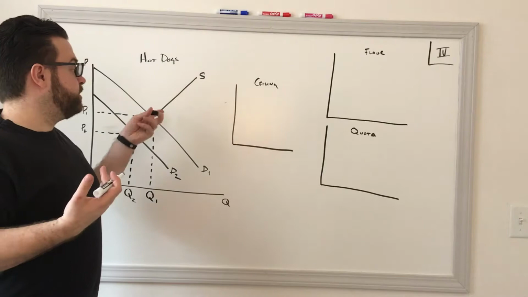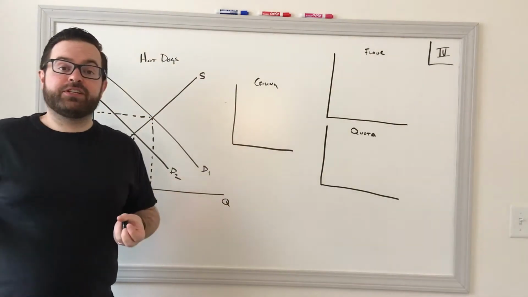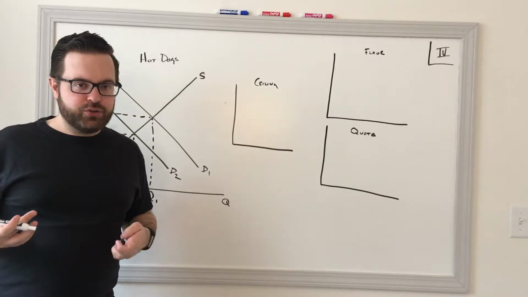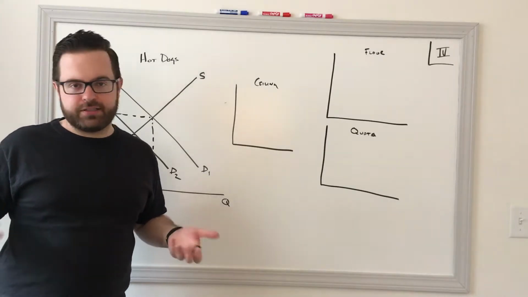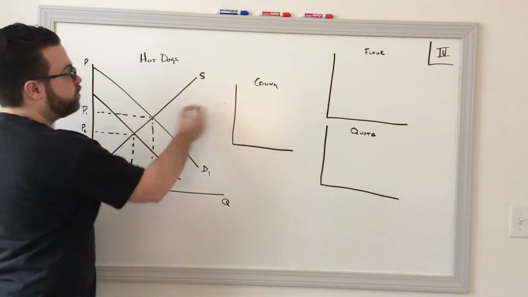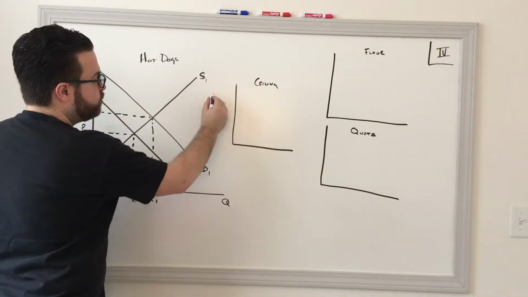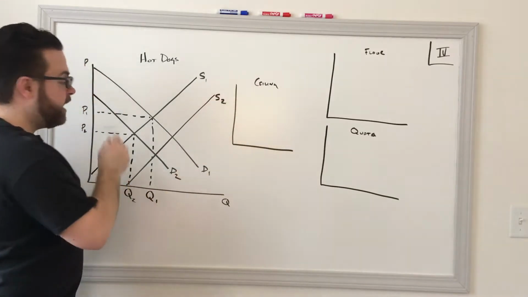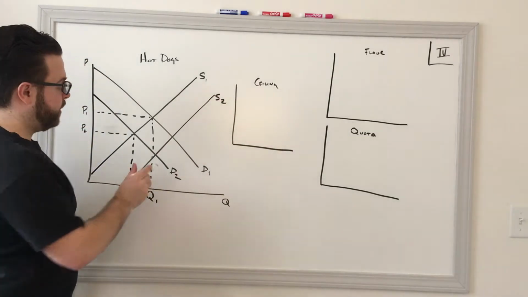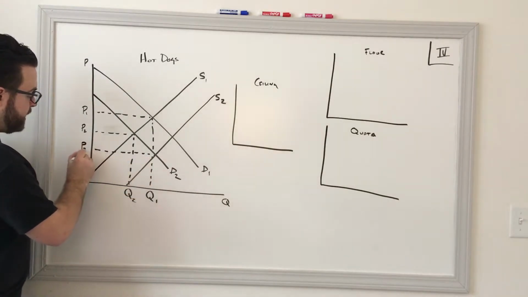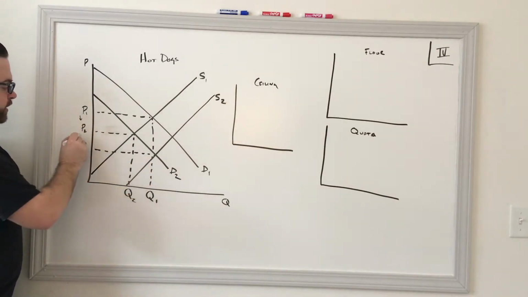Now, we can also shift supply. And what happens if shifts happen at the same time? So let's say there's an increase in technology used to make the hot dogs, and it makes it easier to make hot dogs. So what's going to happen to supply? Well, that's going to move supply to the right. Supply 2. And a couple things to notice out of here. For sure, price has gone down continually.